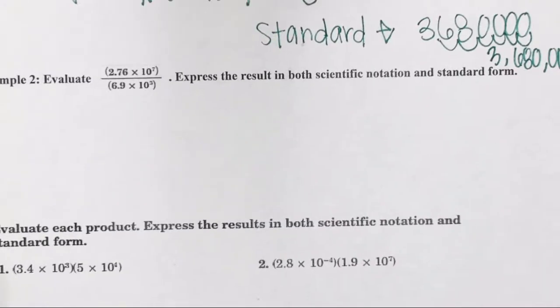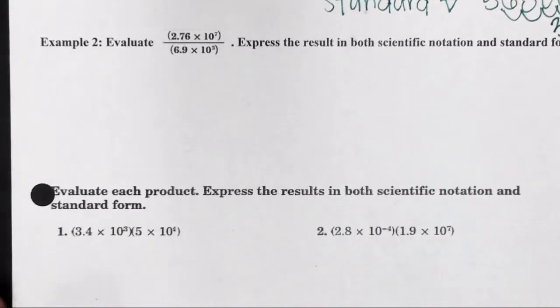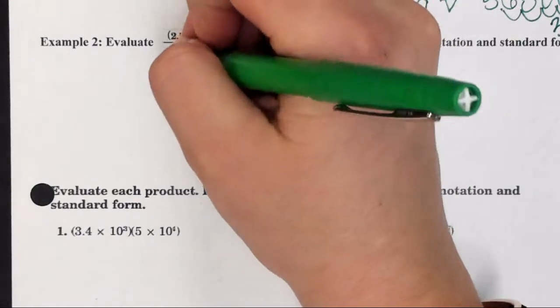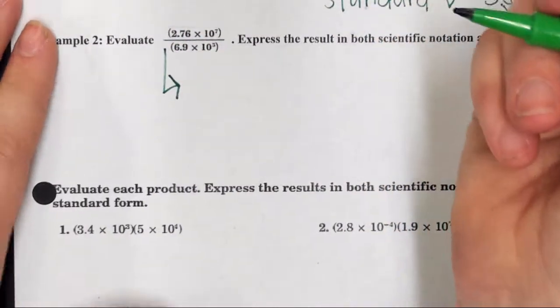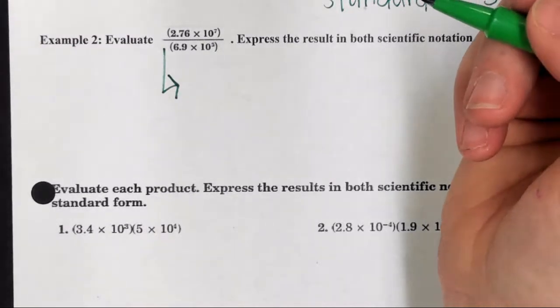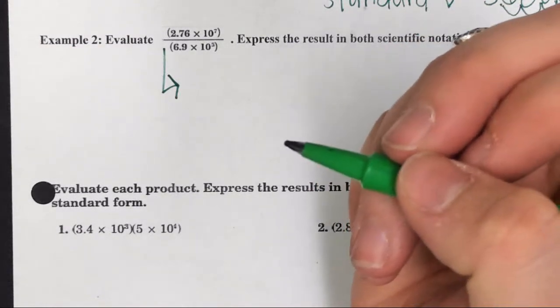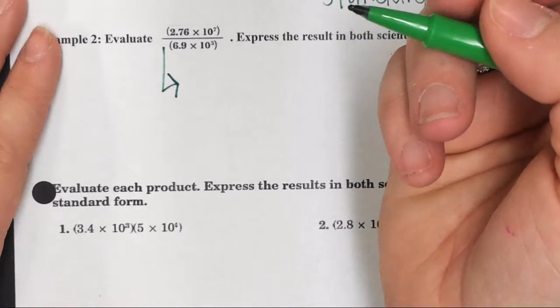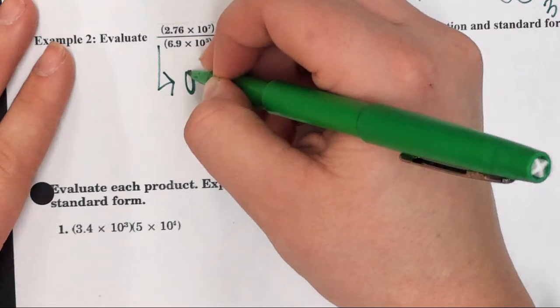We're not multiplying this time, we are dividing, okay? So just divide, guys. Just divide your numbers. 2.76 divided by 6.9. 0.4.